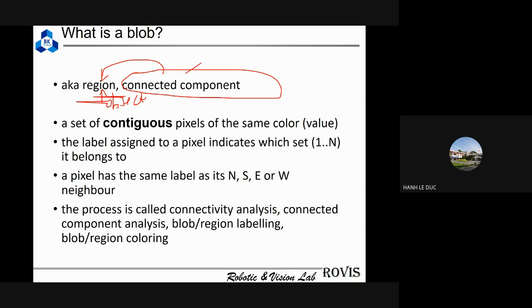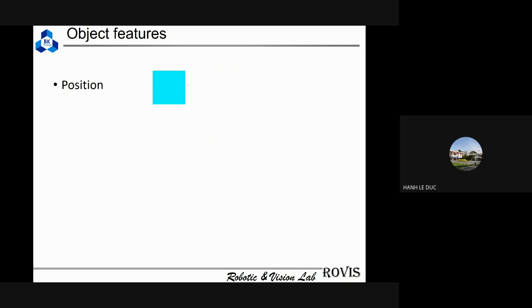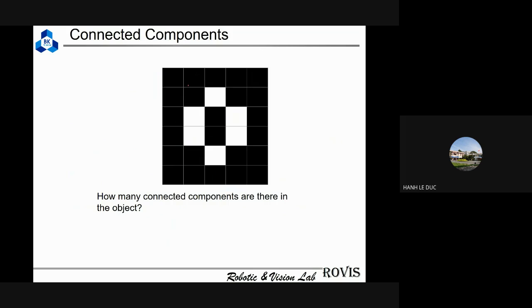So what is the connected component? I think all of you already studied the kernel. The kernel is a kind of connected component. So let's see in more detail what the connected component is.